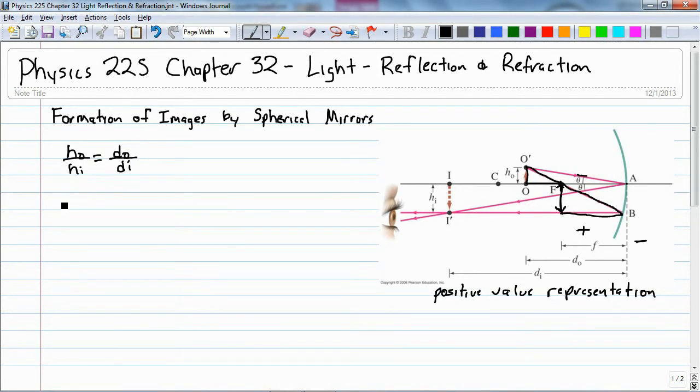So in this case, my object height over my image height is going to be equal to, well, for this first triangle that I have my object height, then the distance from O to F is just DO minus F. And the distance from the new image location from the focal point to B is just F. Now I can set these two equations equal to each other.